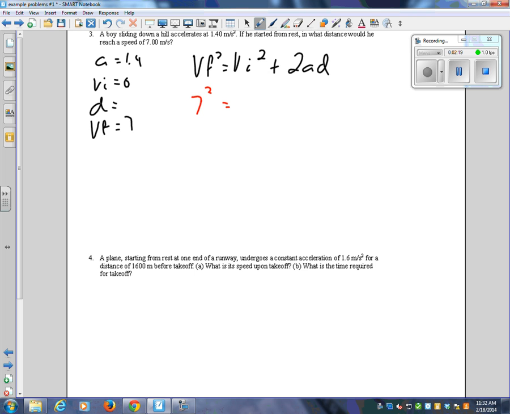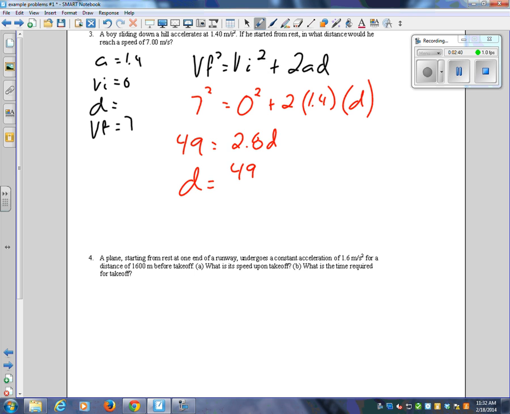So 7 squared is equal to 0 squared plus 2 times 1.4, and I'm solving for D, right? 49 is equal to 2 times 1.4, 2.8 D, and then it's relatively straightforward. 17.5 meters.